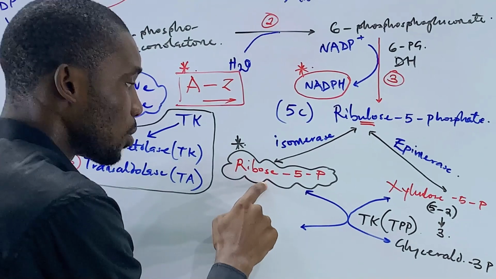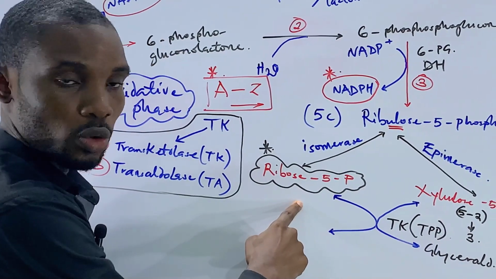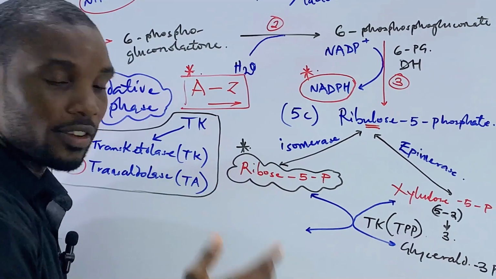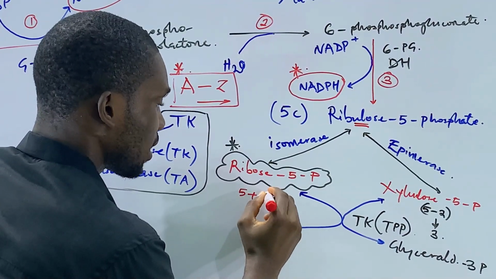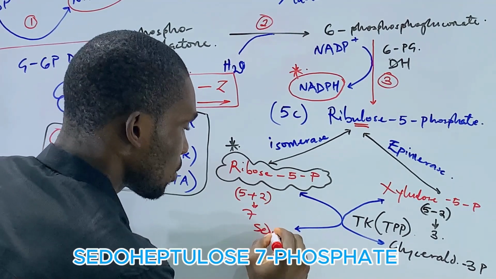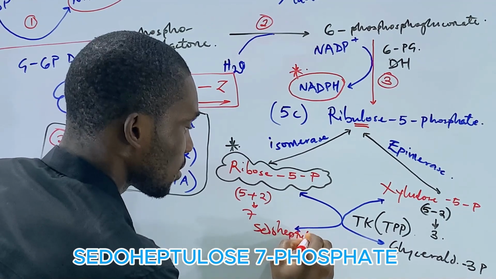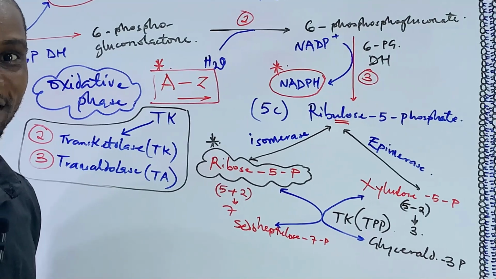And then ribose obtained how many? 2 carbon atoms. 5 plus 2, that's 7. So it forms sedoheptulose 7 phosphate. Pretty easy, right?